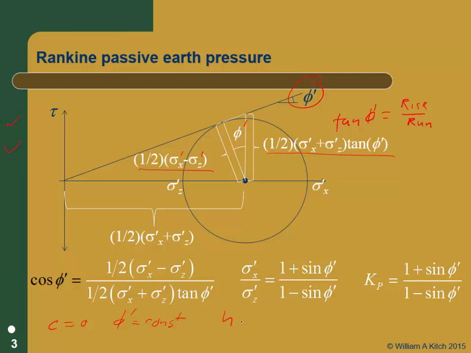And it's for a horizontal surface. We also made the assumption we knew where the principal stresses were in this whole setup. So this only works for a horizontal ground surface, because the other assumption is made: we knew that sigma x and sigma z were the principal stresses. Right?